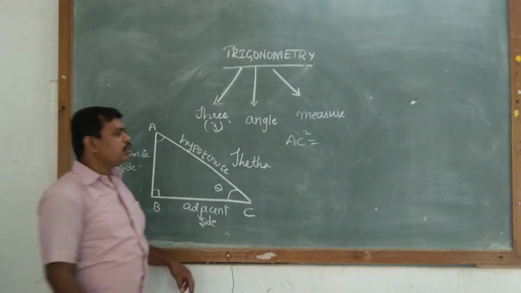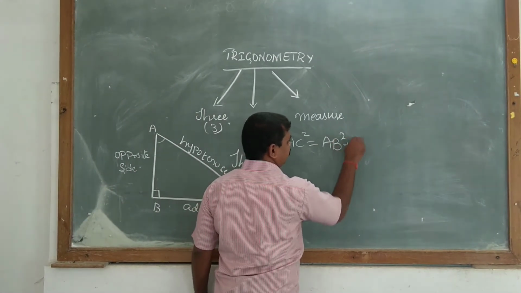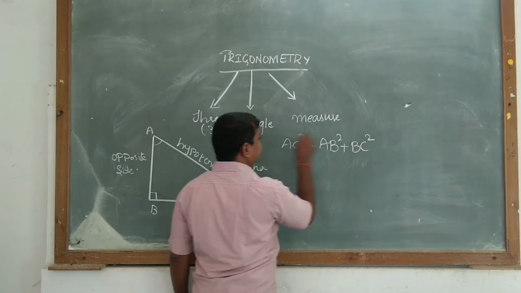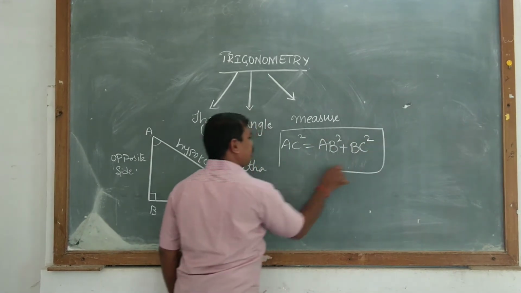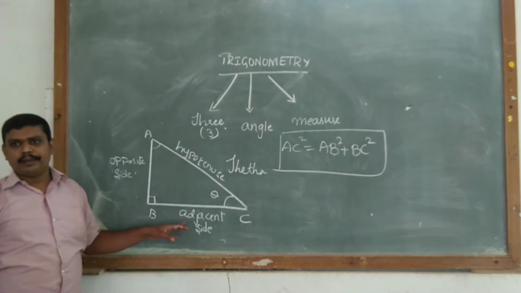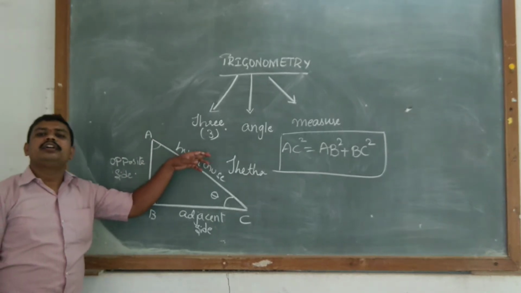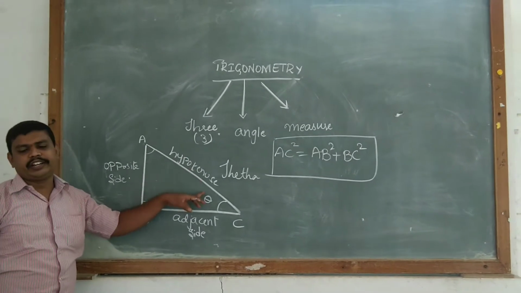Yes or no students? So that is AC square is equal to AB square plus BC square. Now based on this identity, by using the right angle triangle and the Pythagoras theorem, we are going to solve some problems. Our entire chapter will be based on this right angle triangle.